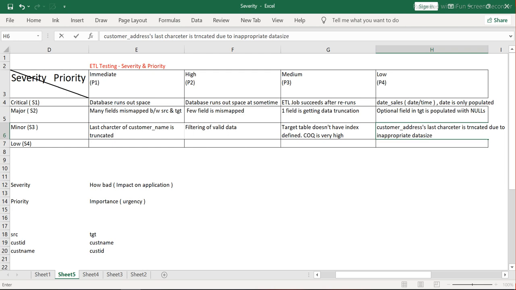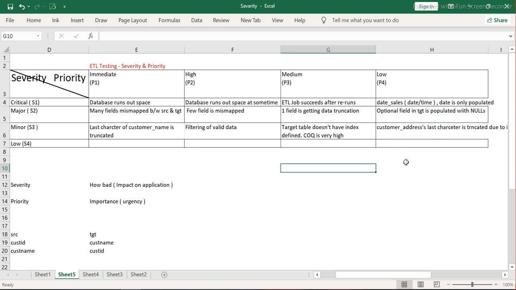This is the example, guys, for minor severity and low priority. Hope you are able to understand it.